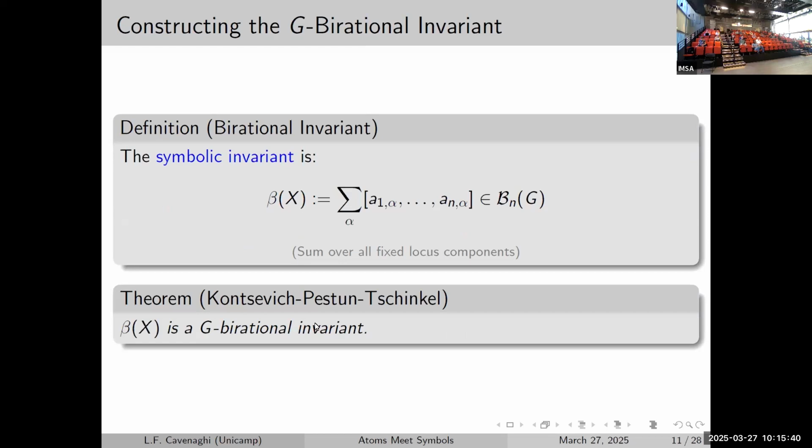Okay. So this is the first chief focus that we did so far, and this more or less gives you some description of what our symbols are. Then Kontsevich-Pestun-Tschinkel, and after this Tschinkel and Kontsevich, also many others, developed a lot of this theory. This kind of reasoning is very successful to try to understand obstructions in birational geometry.